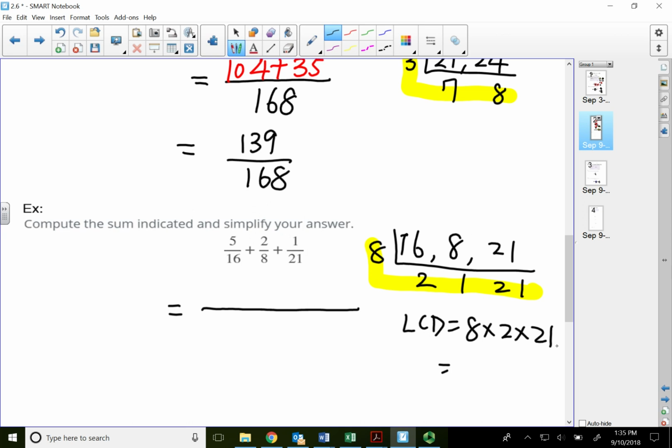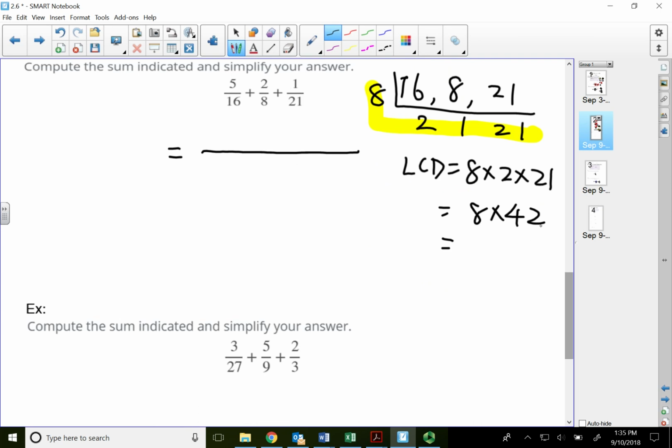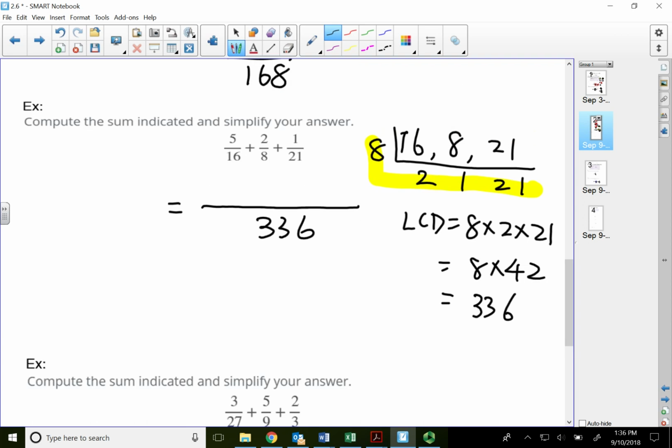I know 2 times 21 is 42. All right, 8 times 42. 8 times 2 is 16, carry 1. 8 times 4 is 32, plus 1 is 33. So 336 is going to be my LCD. So now we can quickly do this. 16 going into 336, how many times?